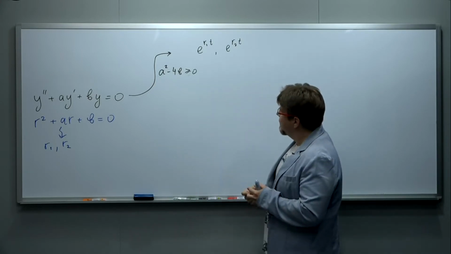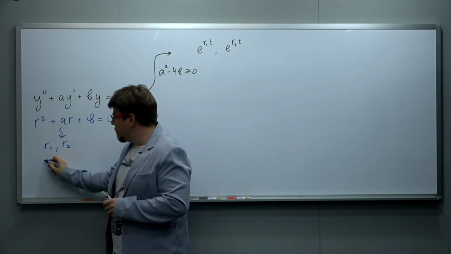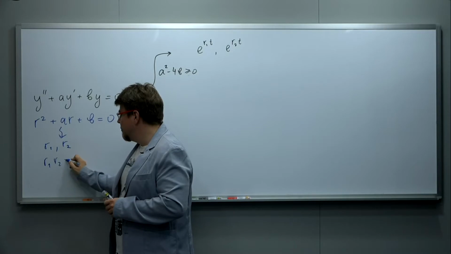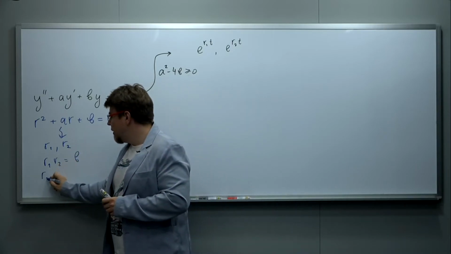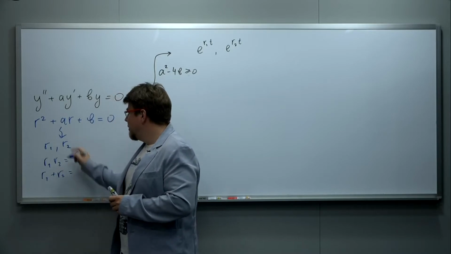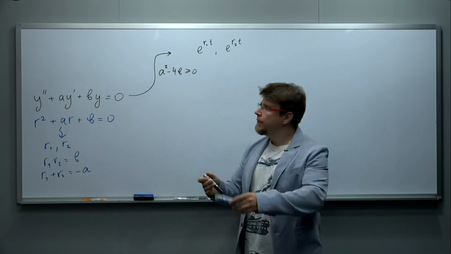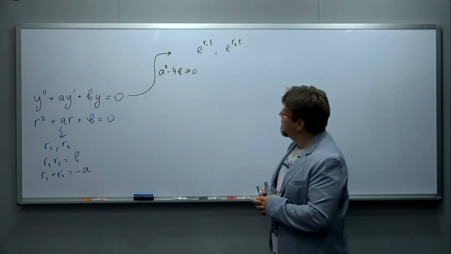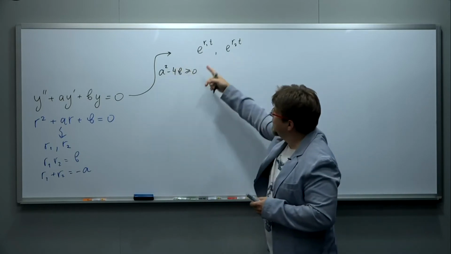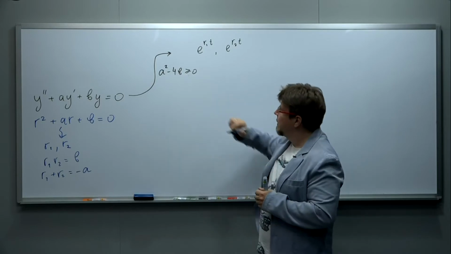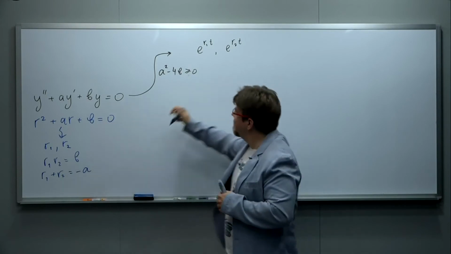Well, how do we do this? Recall that in any case, the product of the two roots, r1 times r2, is b, and the sum of the two roots, r1 plus r2, is minus a. So when the discriminant is non-negative, let's think of b. b can be either positive or negative.